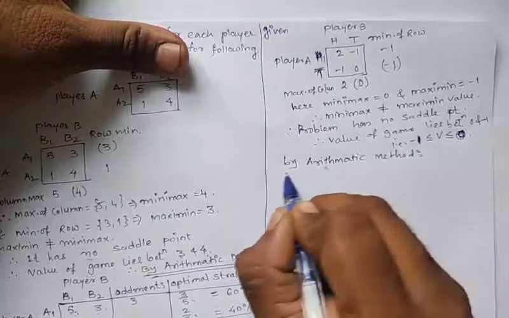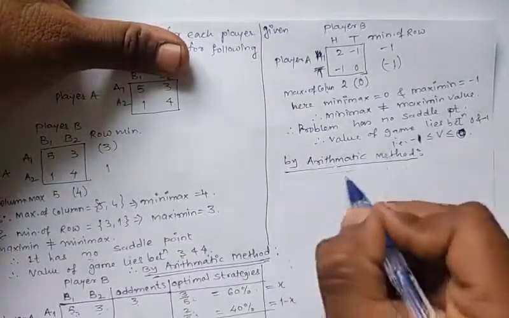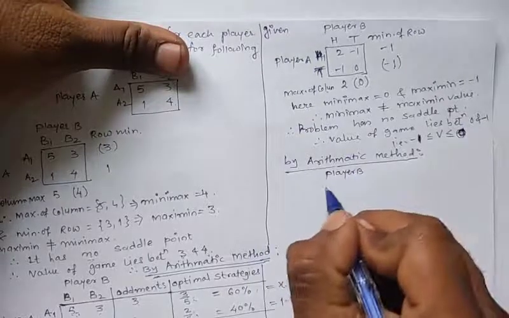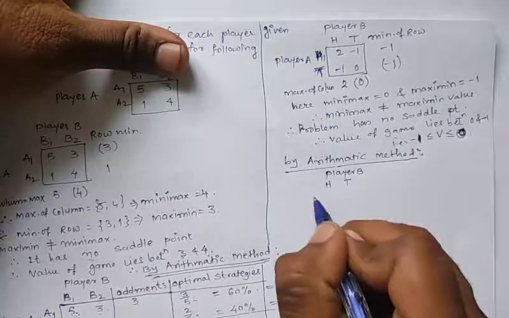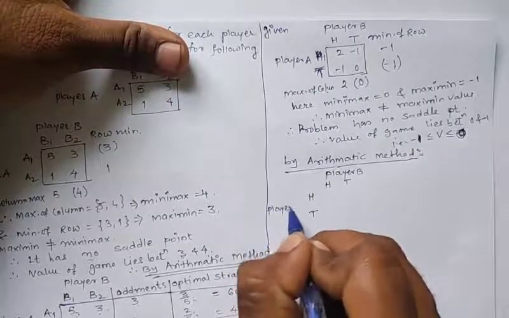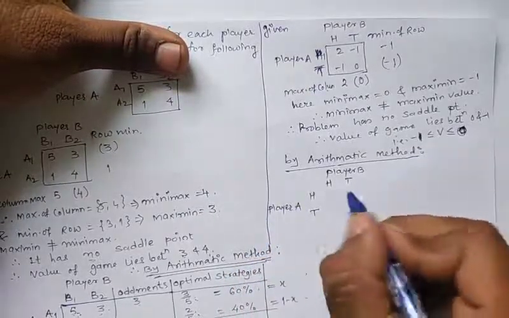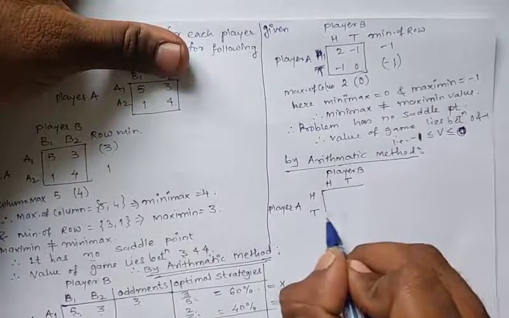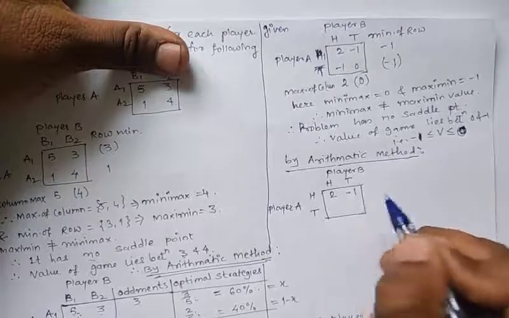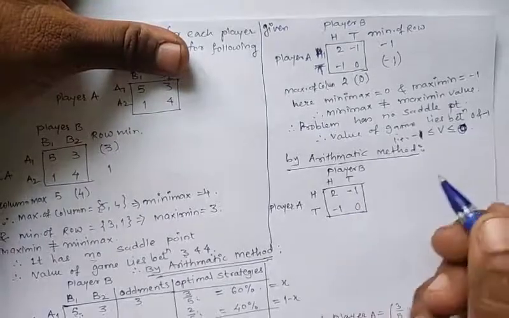So what is the arithmetic method? First write down the 2 by 2 payoff matrix: player B has strategies H, T, and player A has strategies H, T, with entries 2, -1, -1 and 0.